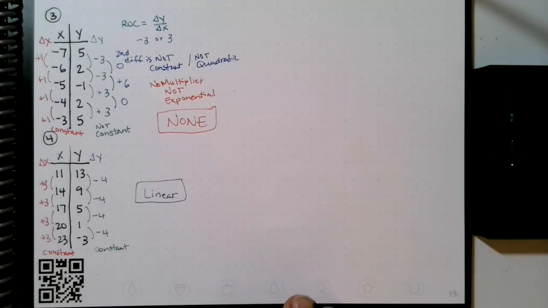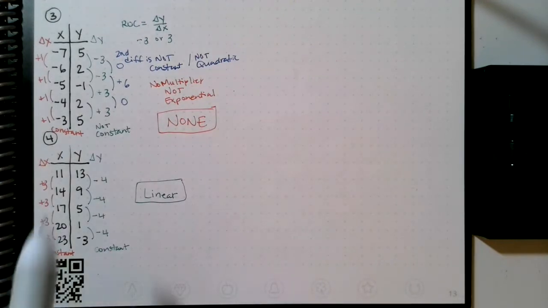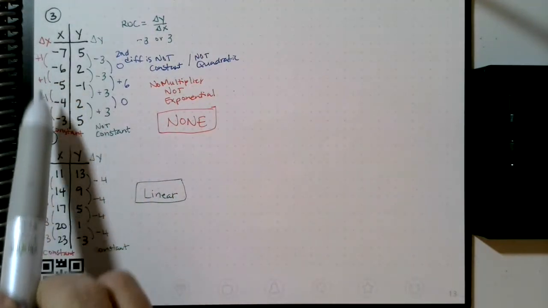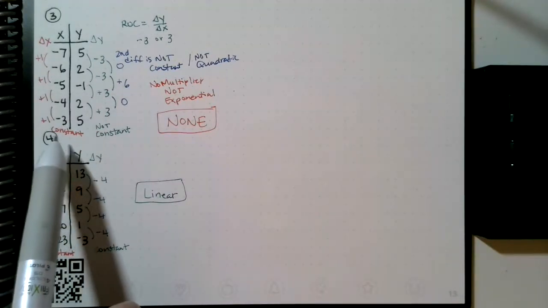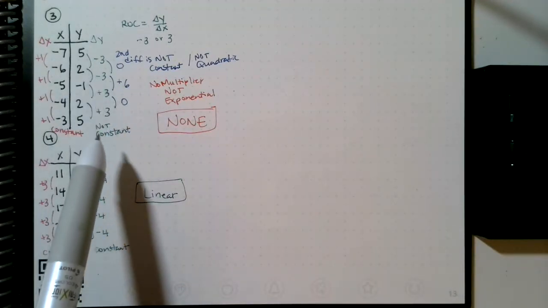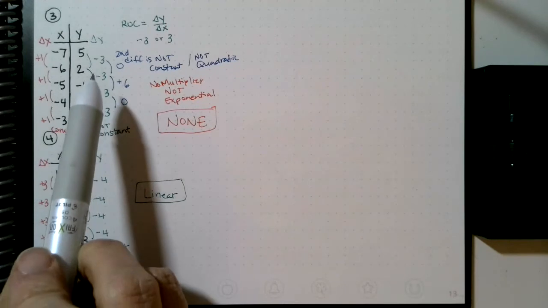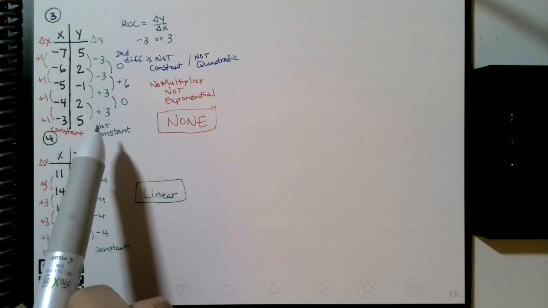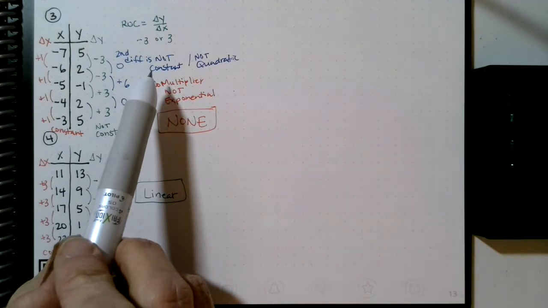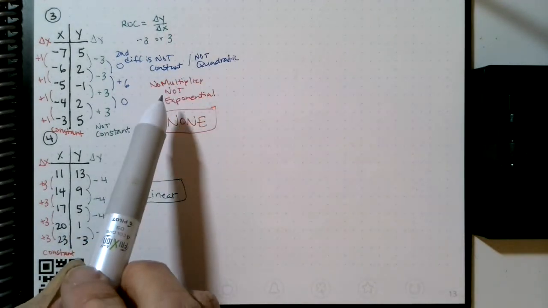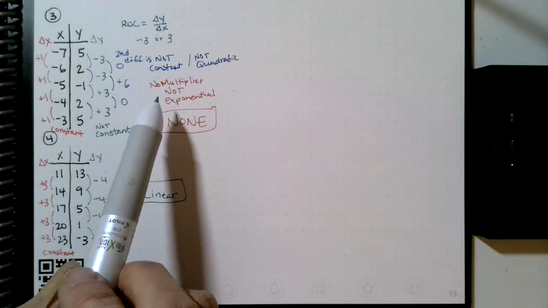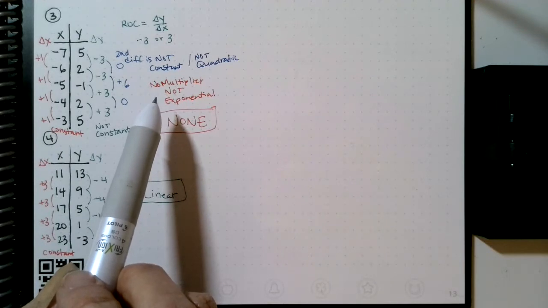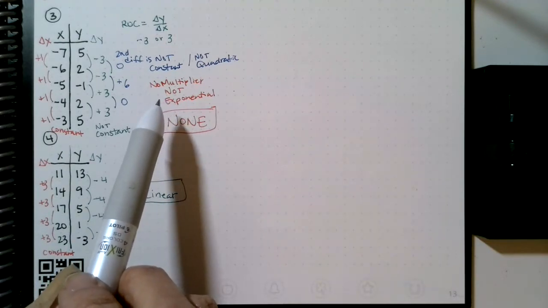So in example 3, you can see that we had a constant change of x right here, but we did not have a constant change in y. We had values that went down, and then we had values that went back up. And the second difference was not constant, so it was not quadratic. And there was no common multiplier for each of the y values, so it's not exponential.